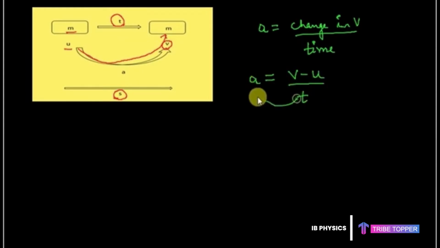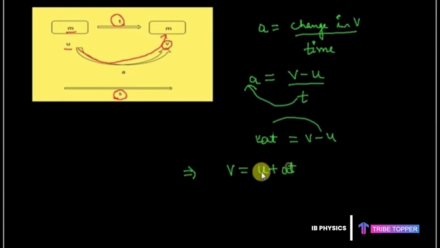Now if I cross multiply this, I get at is equal to v minus u, and if I bring u to this side, I get v is equal to u plus at. So the first equation of motion has been derived from the definition of acceleration itself by just rearranging the terms. Quite a simple one.